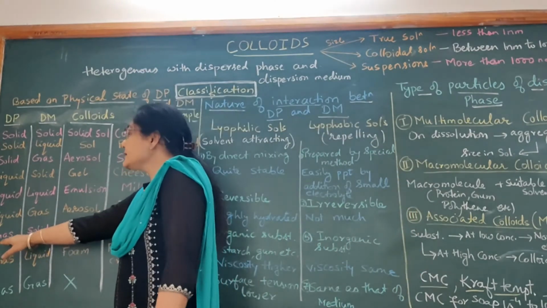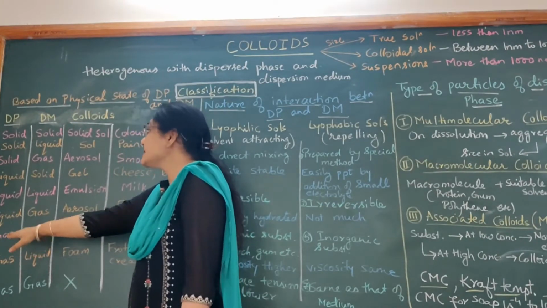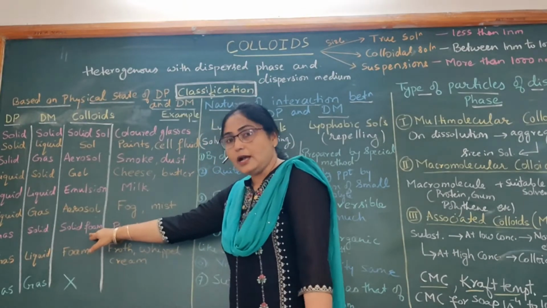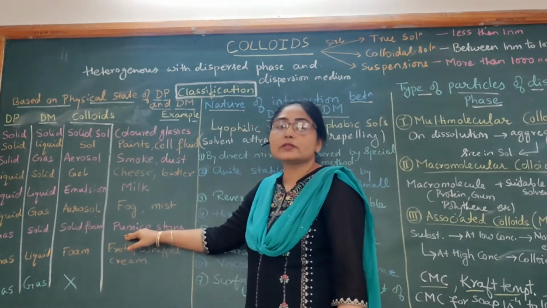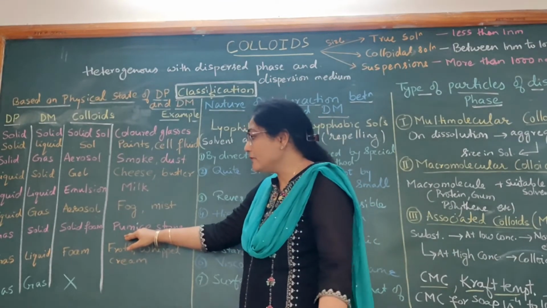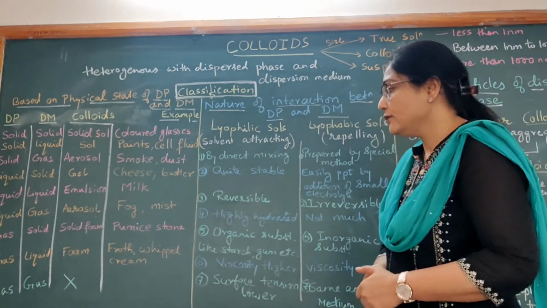Then dispersed phase can be gas and dispersion medium is solid. This type of colloids are known as solid foam. A very good example is pumice stone. In pumice stone, you can see there are certain gaps where air is filled. So gas and solid, this is known as solid foam.